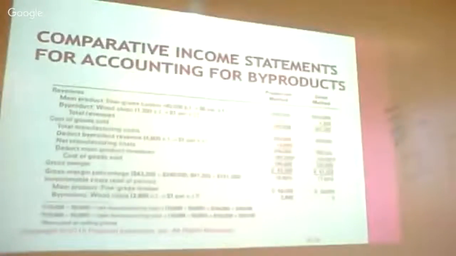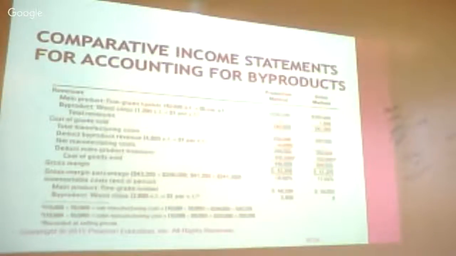Under the production method, we recognize both of those, on both the production and the sales method. The byproduct, which is 1,200 cubic feet of wood chips, we don't recognize under the production method sales, but under the sales method we do.